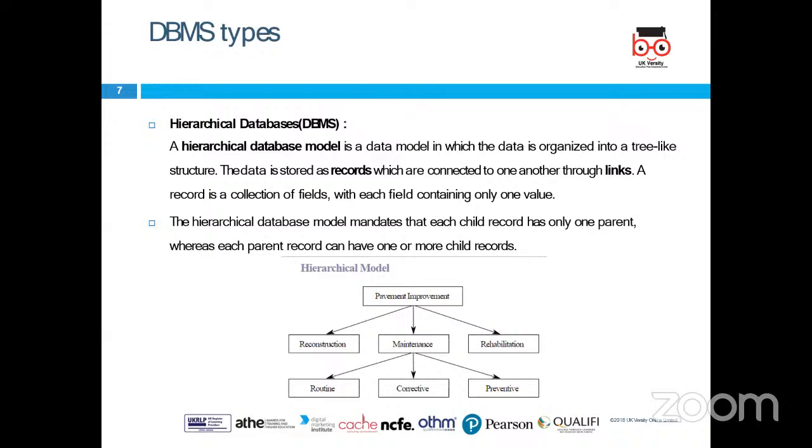It pretty much looks like a tree, a hierarchical model. As you can see from the definition, it is a data model in which the data is organized into a tree-like structure, and the data is stored as records which are connected to one another through links, and a record is a collection of fields, where each field contains only one value.